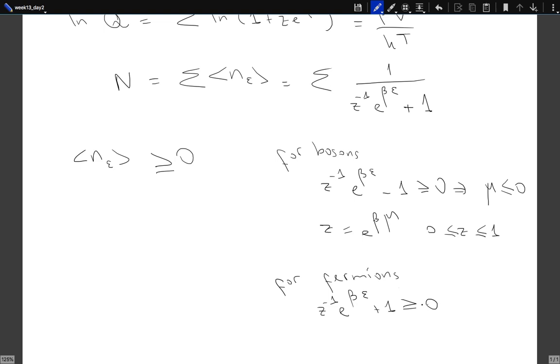But since beta epsilon is larger than or equal to 0 and z is larger than or equal to 0, this condition is always satisfied whatever the value of z is. The only constraint is that since z is e to the power some real number, positive or negative, z is larger than 0, but it can take values up to infinity. There's practically no upper limit on the value of z.